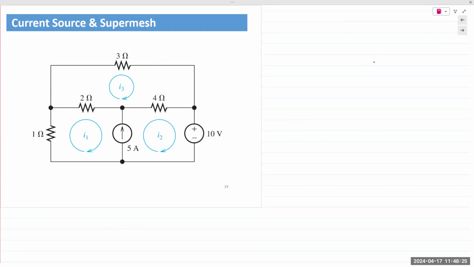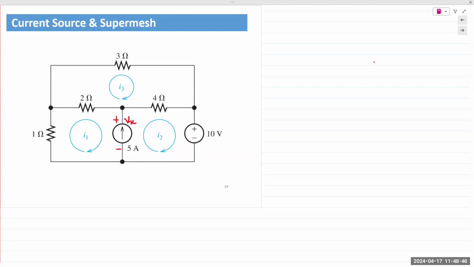We can say that the voltage across that current source is, let's call it Vx, a random variable. That is an unknown variable which I cannot describe by any means. So I have to eliminate that variable from my equations.